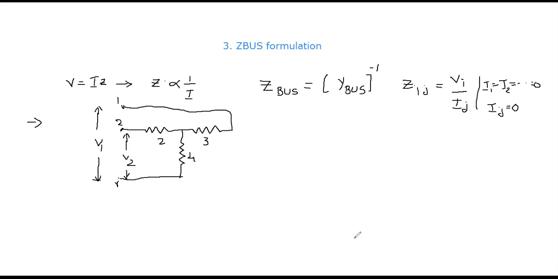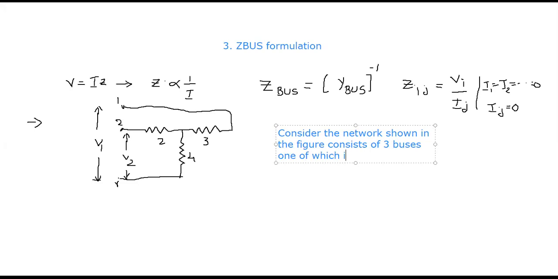Now what is the problem here? First note this down: consider the network shown in the figure, which consists of three buses, one of which is the reference bus.